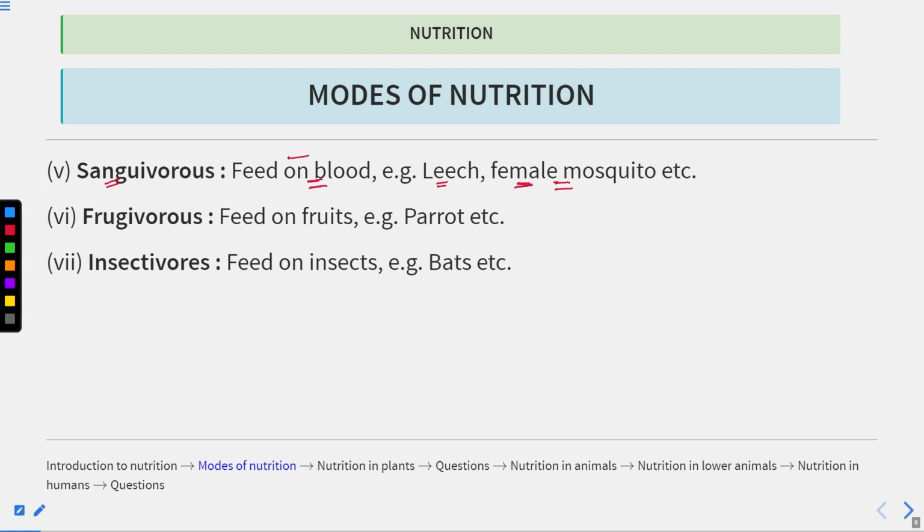So female mosquitoes only feed on the blood, and the male mosquitoes feed on some other food materials. Now next category is frugivorous. These feed on fruit. Example is parrot. And then last one is insectivores. These organisms feed on insects. Examples are bats. So bats are insectivorous. They feed on insects.